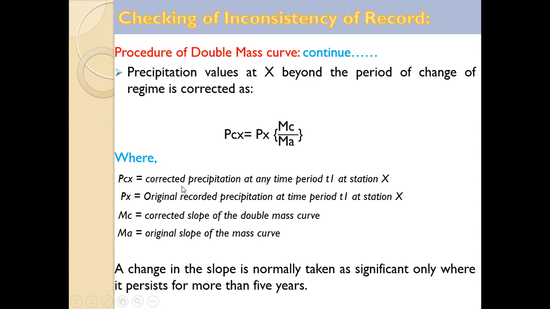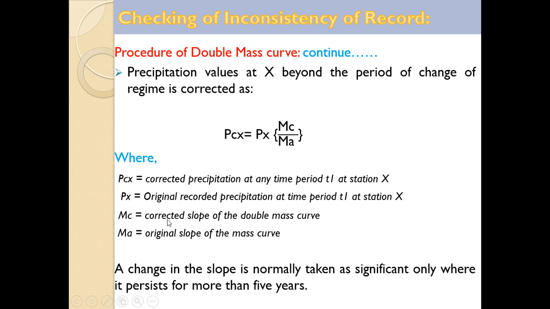Here PCX means corrected precipitation at any time, let T1, at station X. PX means original recorded precipitation at time T1 at station X. PCX is for the time period for which you want to find it, and PX is for the time period for which we are calculating it.